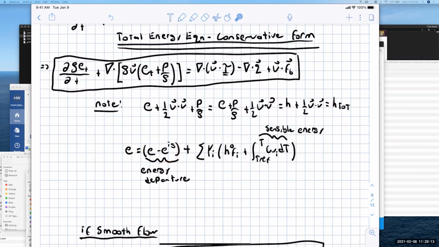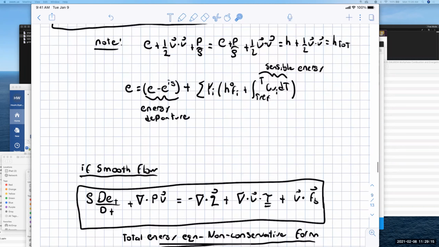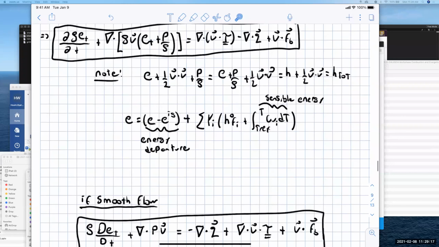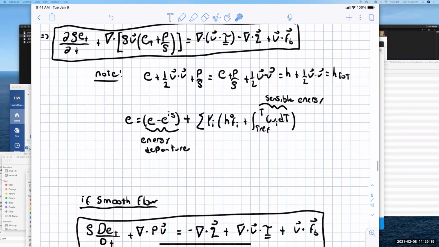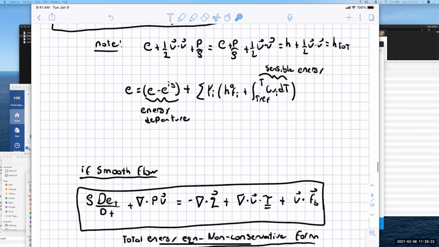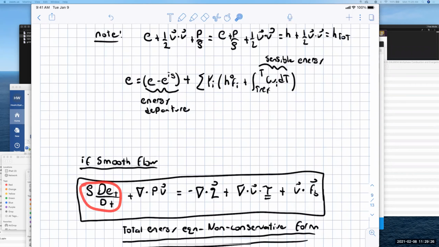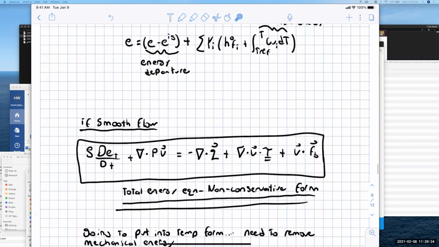Okay. Then if the flow is smooth, you can play the exact same game. Basically, you take the total energy terms here and replace them with rho times the material derivative of that term. And so this here would be the total energy equation in non-conservative form.